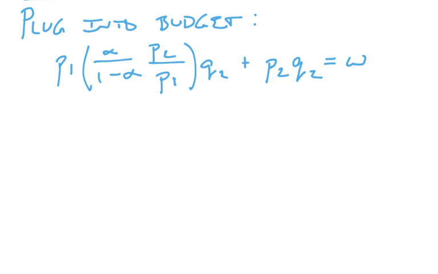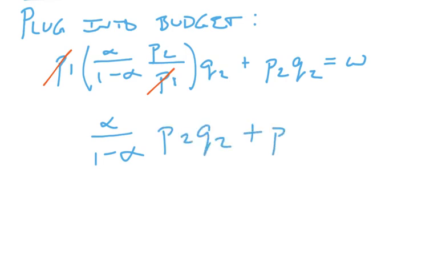All right, so something nice happens. The P1s cancel, and I'm left with alpha over 1 minus alpha P2 Q2 plus P2 Q2 equals W. And of course I've got P2 Q2 that can both be factored out.